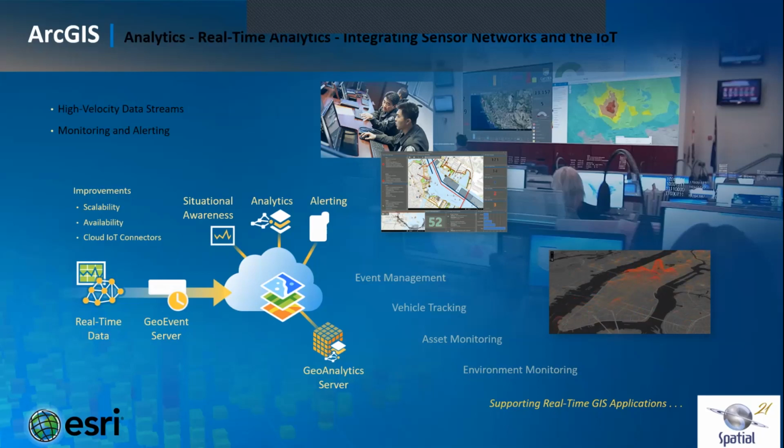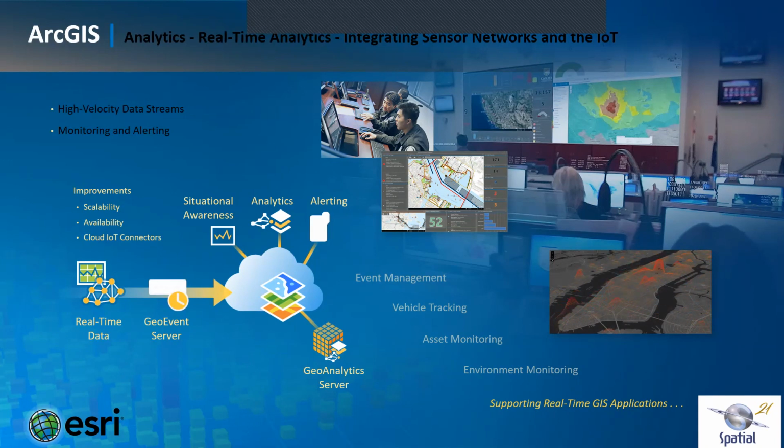So what about real-time analytics? Real-time analytics support real-time GIS applications in event management, vehicle tracking, asset monitoring, and environmental monitoring. Closely associated with big data is real-time analytics, reading in high-velocity data streams and supporting the notion of monitoring and alerting.